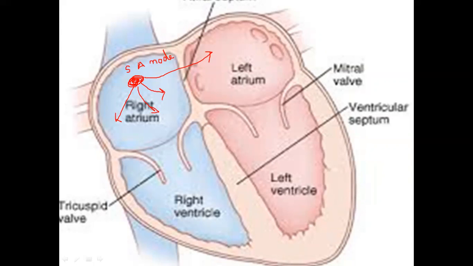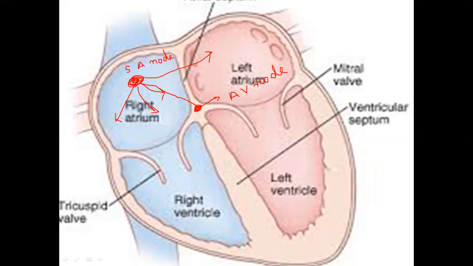Then this impulse gets gathered and reaches another part of this nodal system, known as the AV node. The AV node, also known as the atrioventricular node, collects all these signals and then transfers them to the ventricles.